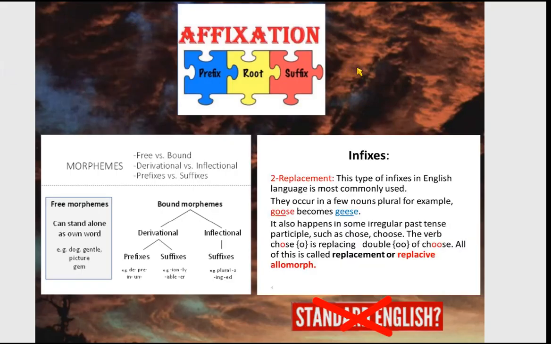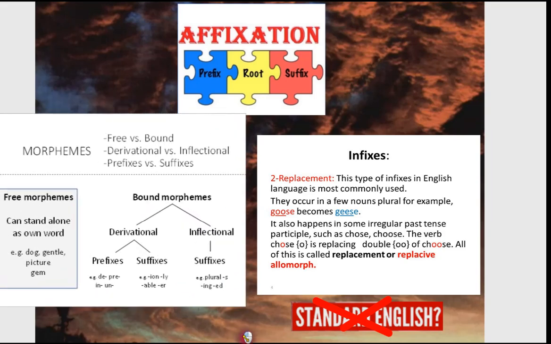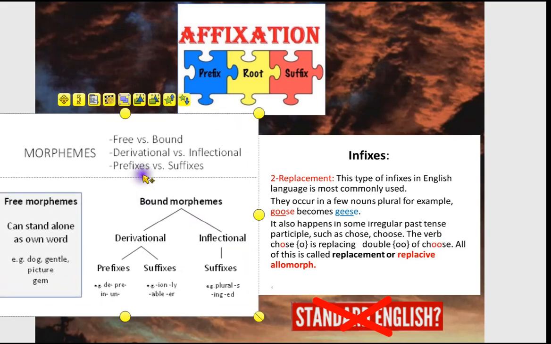Now, when we talk about affixation, the affixation process is basically what you see here. We have a root word or a stem, and we may add a prefix or a suffix to it. Let me make this bigger. This is a summary of what I was talking about. We have free and bound morphemes, derivational, inflectional, prefixes, suffixes.